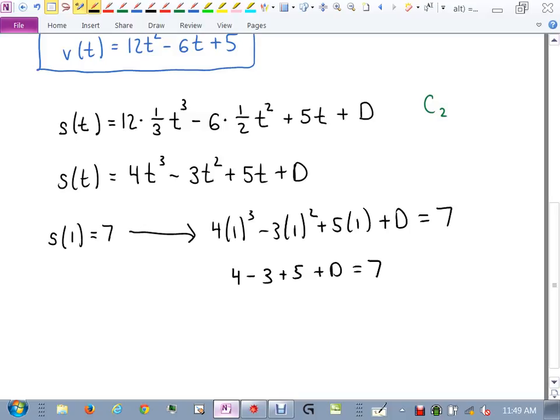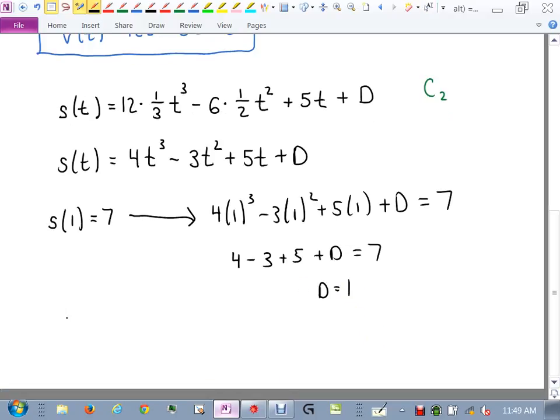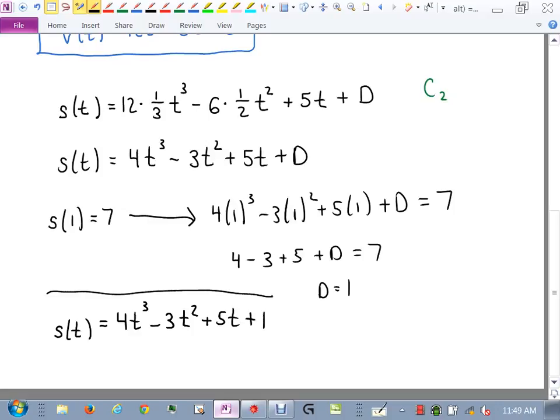So d is 1, right? That means my final position function, S of t, is 4t cubed minus 3t squared plus 5t plus 1. Box it up.